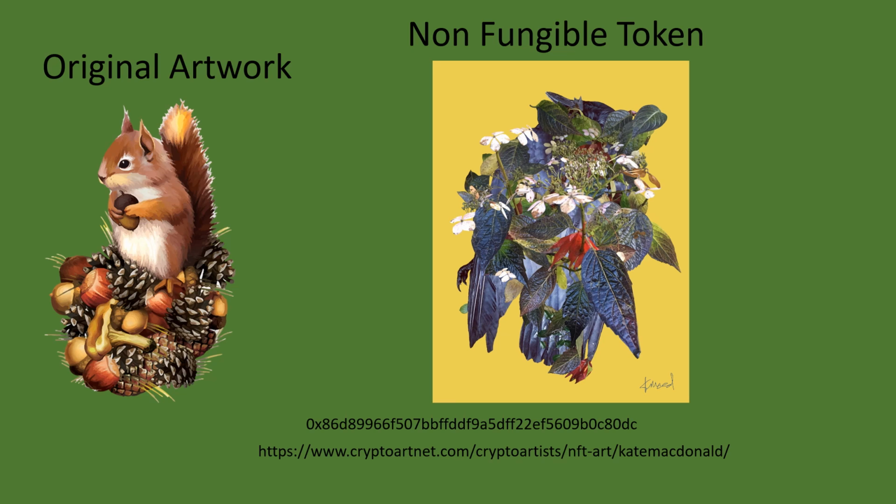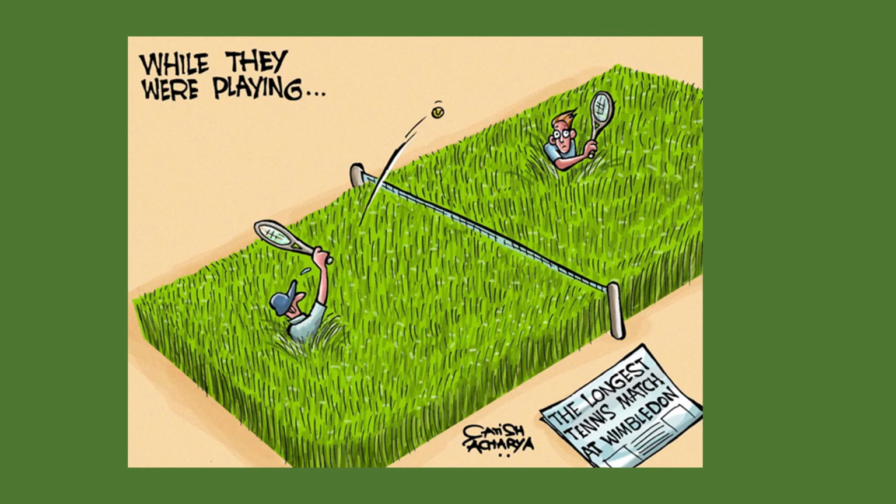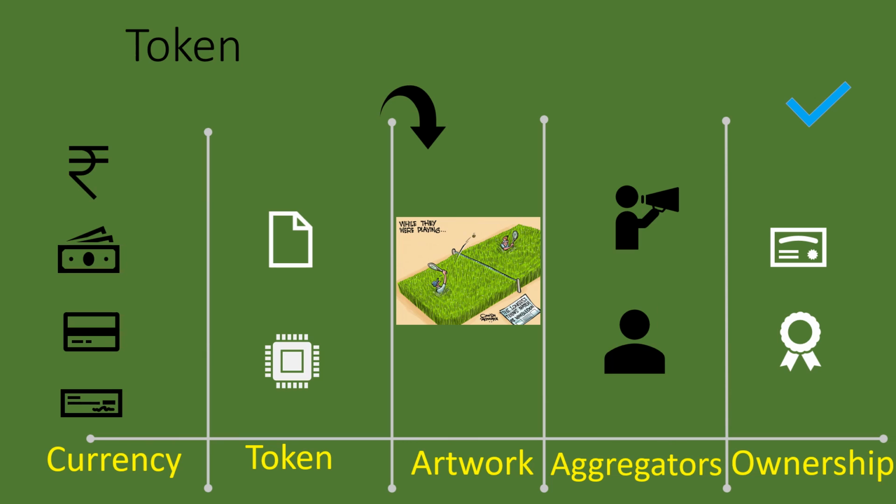This is original artwork and the other one is a non-fungible token. Below is the address of the NFT art. The original art will be in physical form and the NFT will be in digital form. Sample cartoon picture. Let's take this as an example of NFT art.